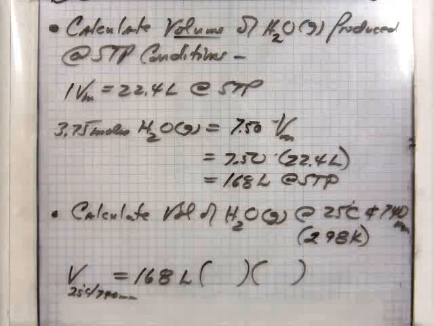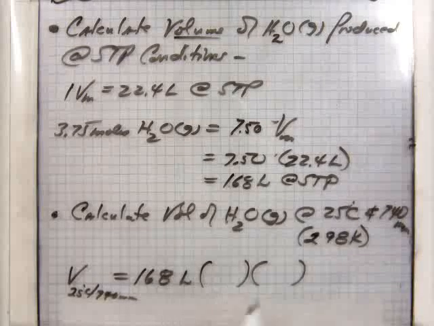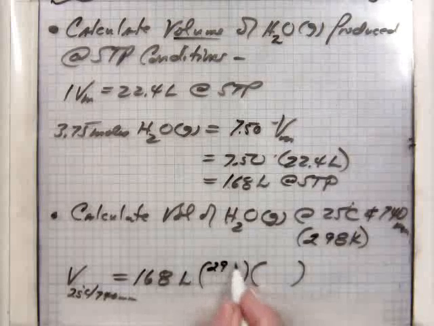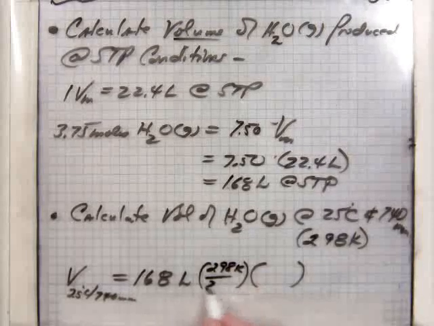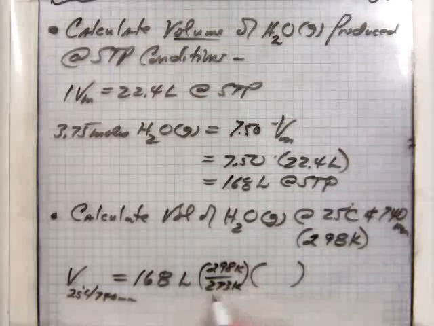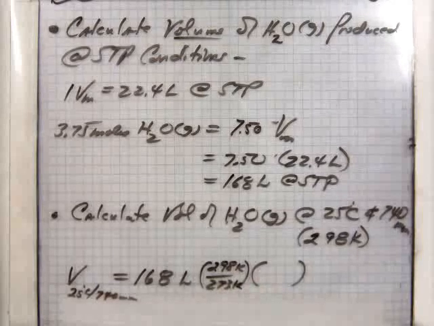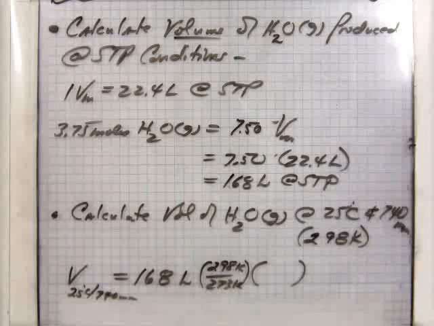So what that says is, let's use a ratio of the conditions to the standard that'll give me a bigger number here. I need to increase this number. And so that looks like this, 298 Kelvin over 273 Kelvin, because that's the Kelvin value for standard. Now, if I use 273 over 298, that's going to give me a smaller number. Well, that's not what's happening. What's happening is you're increasing volume in this case.